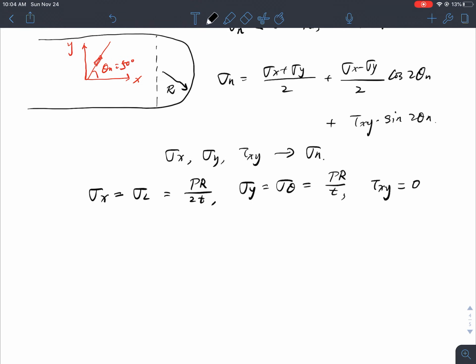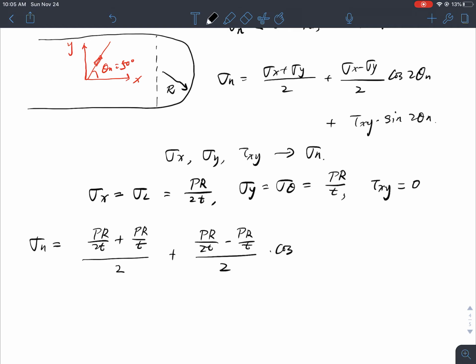Okay? So now we basically already know the stresses x and y. All we need to do is convert to sigma n, find out what is sigma n. So sigma n essentially will equal PR over 2t plus PR over t, divided by 2, plus PR over 2t minus PR over t, divided by 2, times cosine 100 degrees, plus 0.